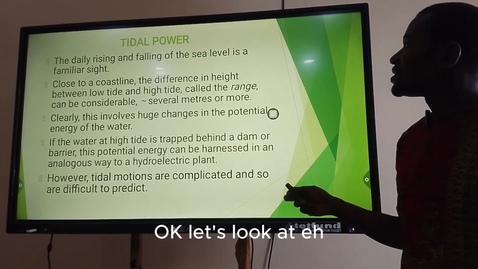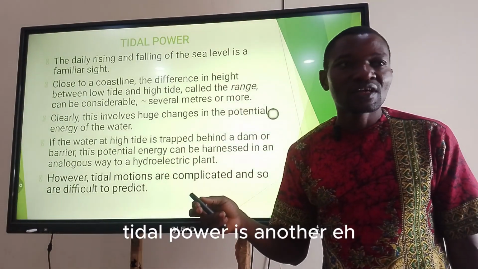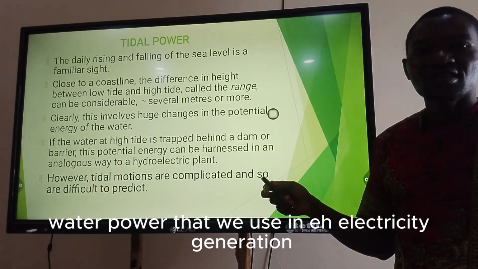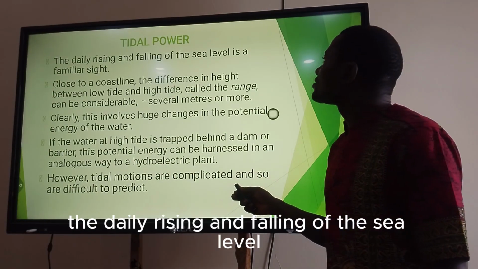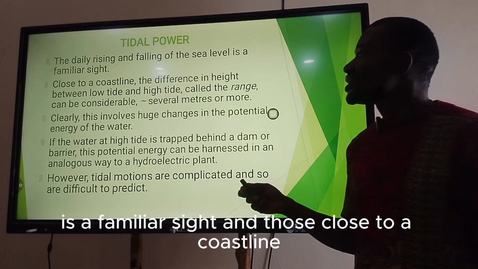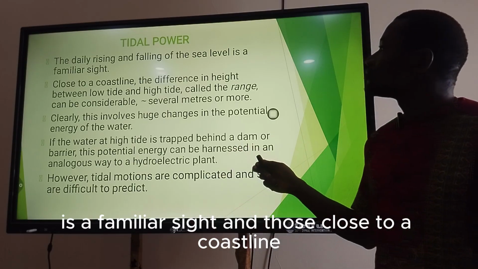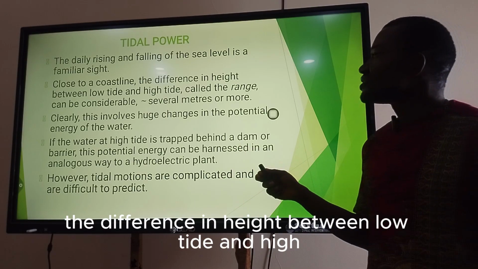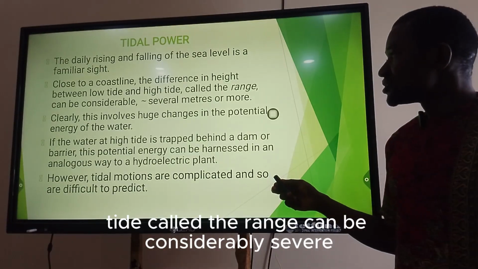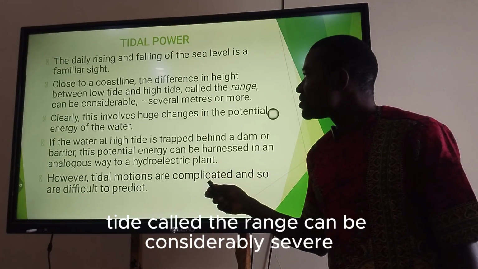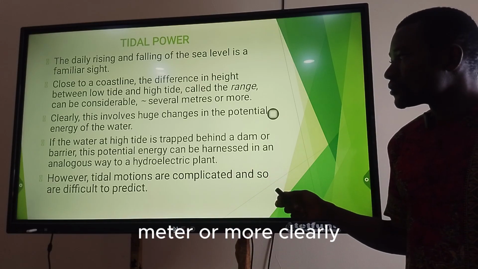Okay, let's look at tidal power. It's another water power that we use in electricity generation. The daily rising and falling of the sea level is a familiar sight, and for those close to a coastline, the difference in height between low tide and high tide, called the range, can be considerable, several meters or more.